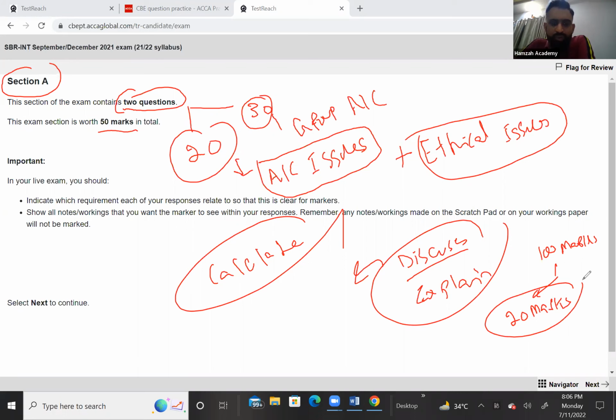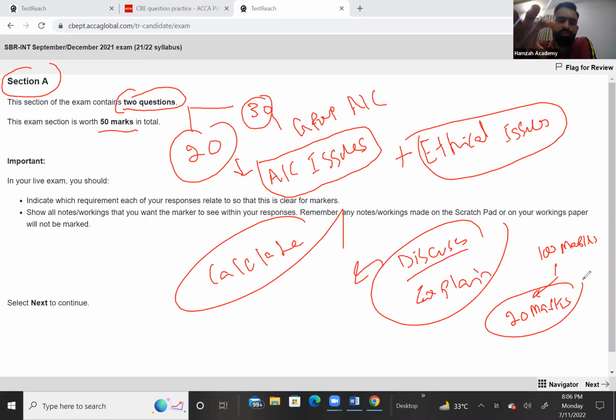So in every question there will be an accounting issue which we have to discuss as per the accounting standard. Let me give you an example, just for your understanding: investment property, IAS 40. The properties which are held for rental purposes or held for capital appreciation. For example, there will be a case study. A business has a portfolio of property.